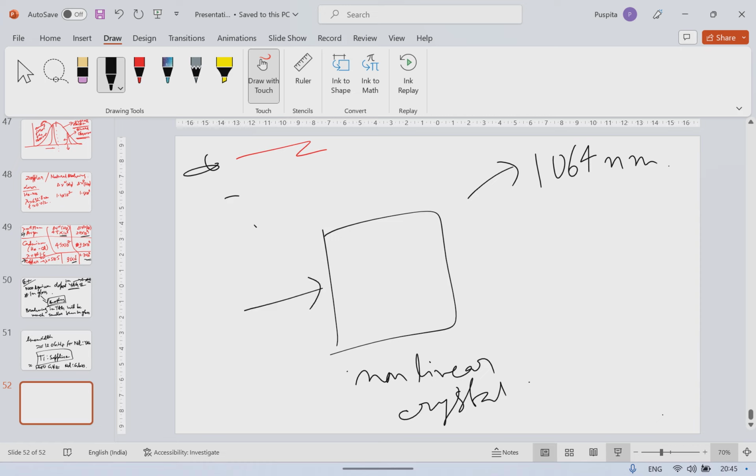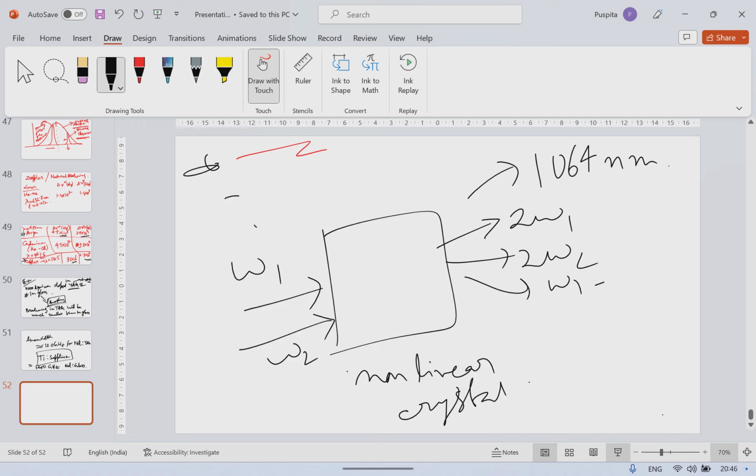If we put in omega, we can get 2 omega. If we put in omega 1 and omega 2, we can get 2 omega 1, 2 omega 2, omega 1 plus omega 2, omega 1 minus omega 2. So when we discuss nonlinearity of a crystal, we always discuss in terms of frequency.